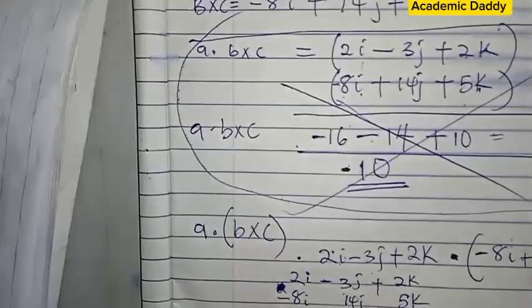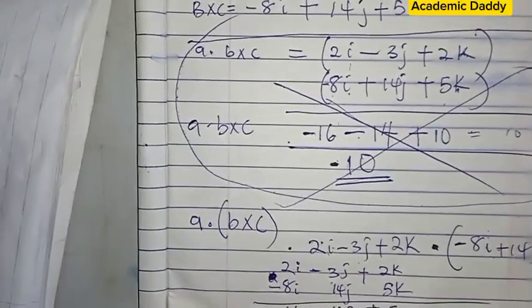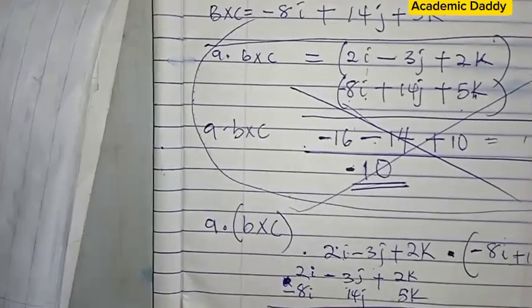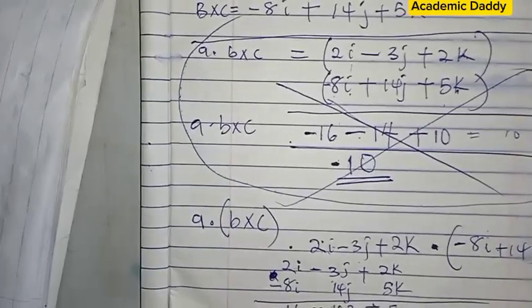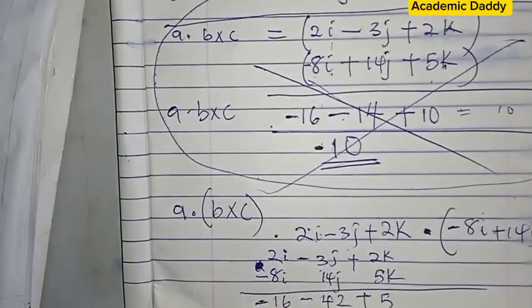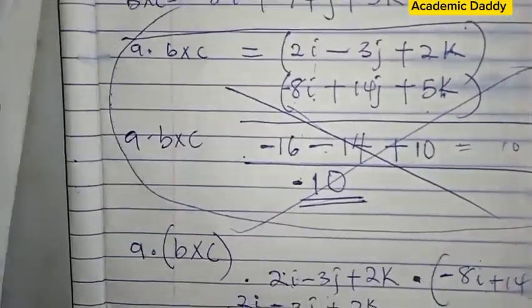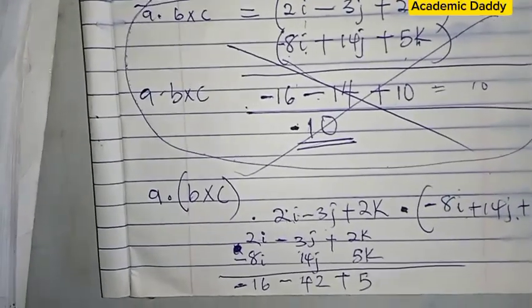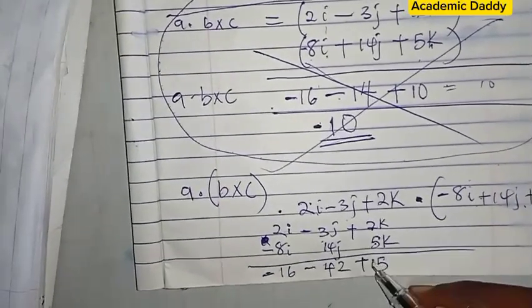By the time you punch minus 16 minus 42 plus, 2 times 5 is supposed to be 10.